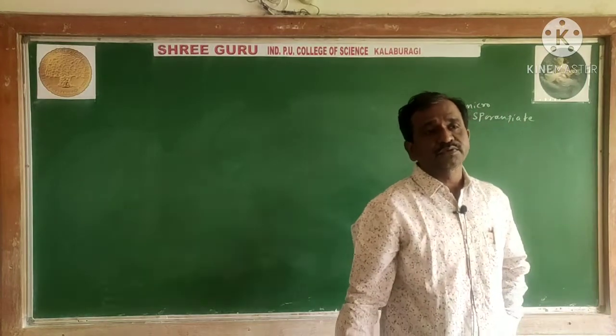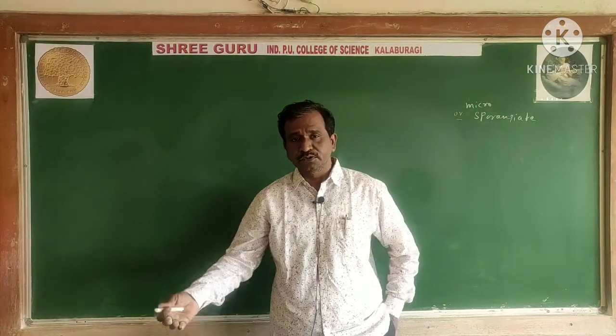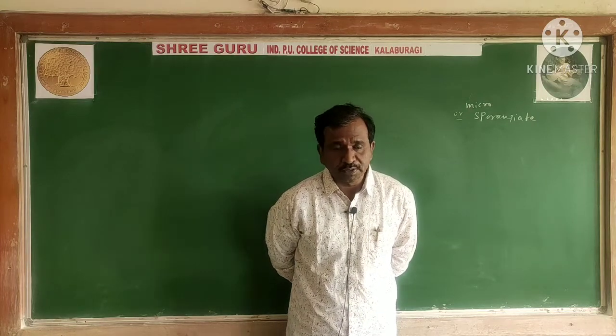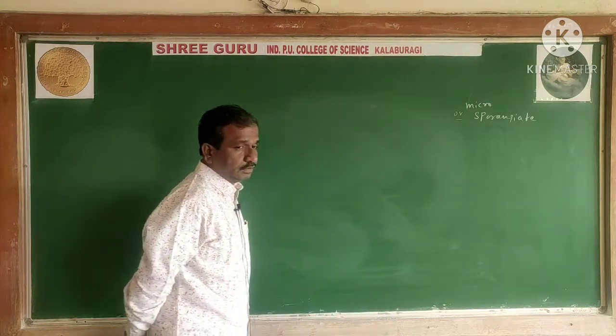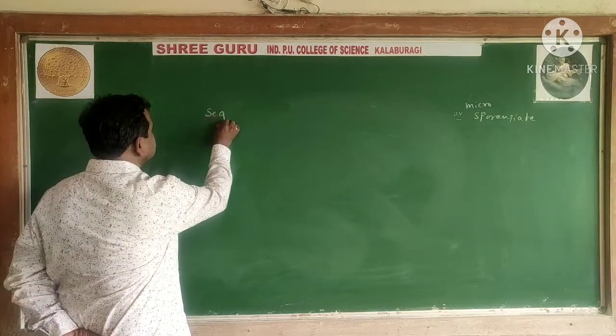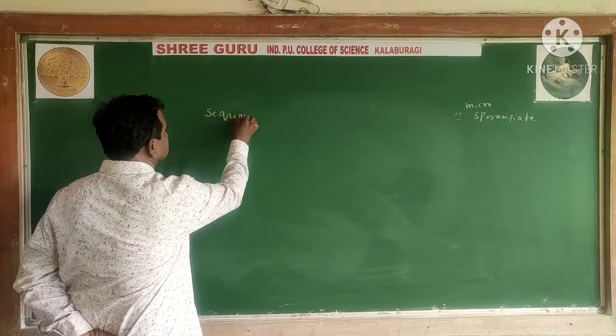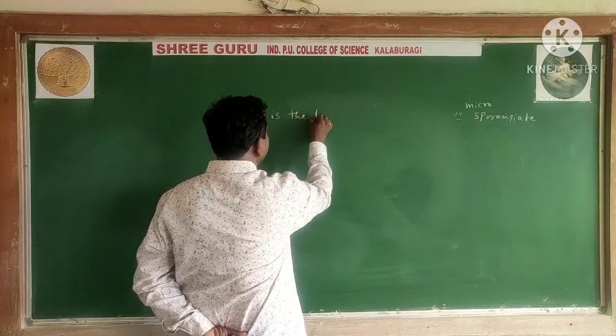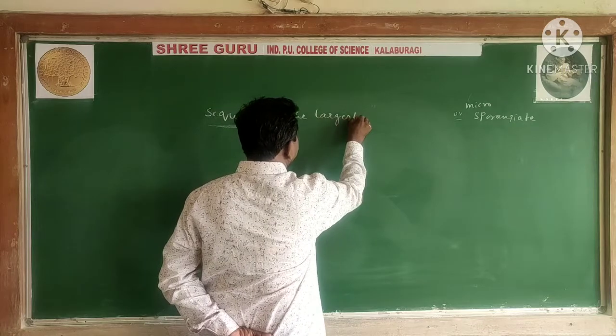It is used in the paper industries also, and it is useful commercially, I am telling you. And one more plant you can see is Sequoia. Sequoia is the largest gymnosperm.